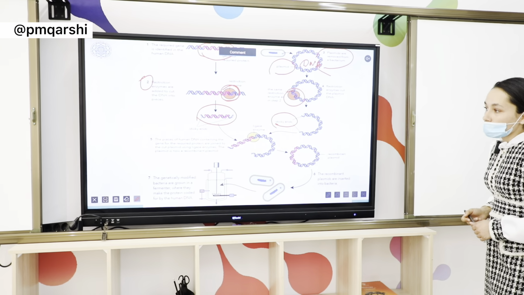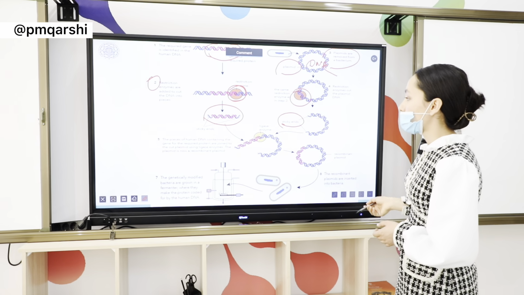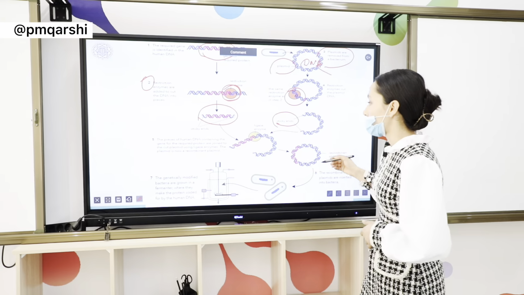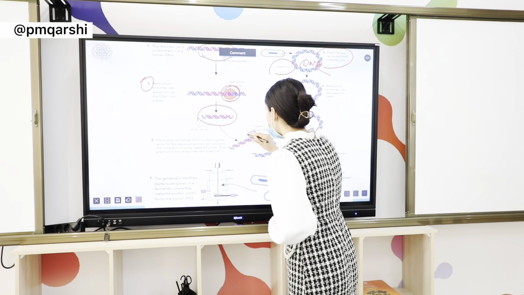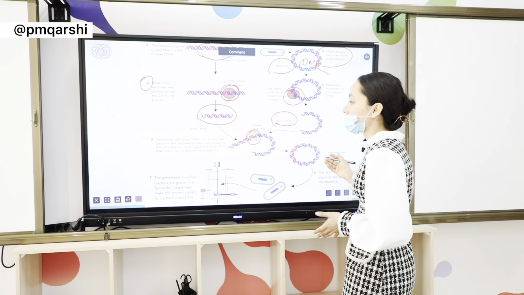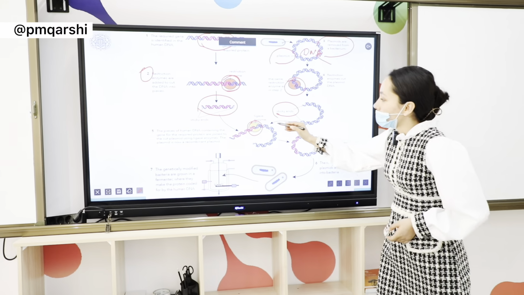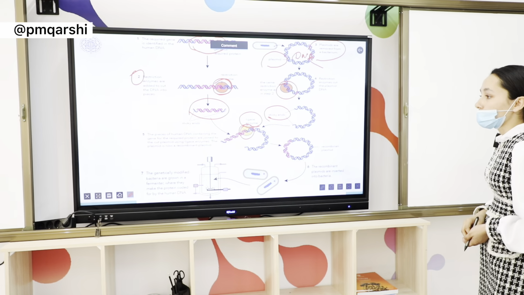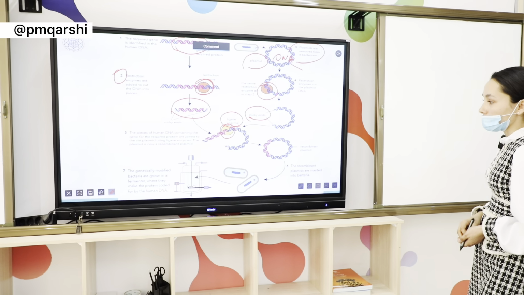Fifth step, the pieces of human DNA containing the gene for the required protein are joined to the cut plasmid using ligase enzyme. The plasmid is now a recombinant plasmid.